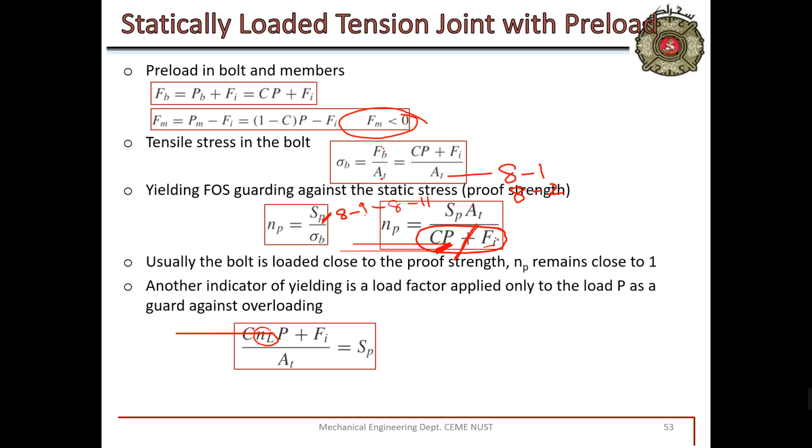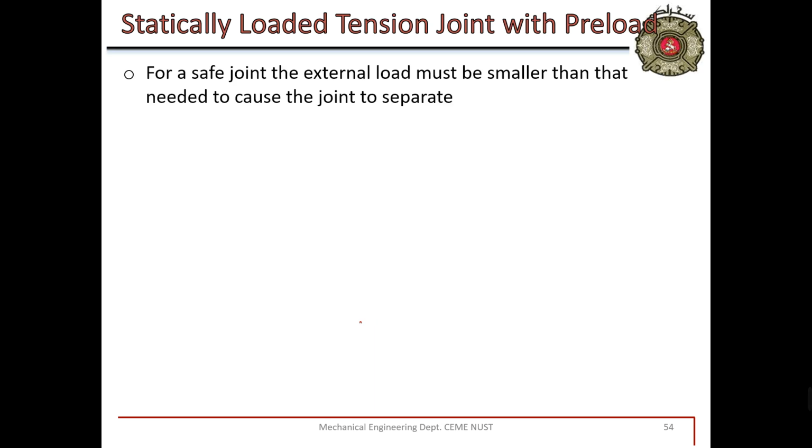If you consider Fi and Fcp as static values, this is the factor of safety applied against overloading. And what is overloading? In layman language, overloading is an increase in external load. So this factor of safety is only concerned with external load, not with the preload. This is the difference between the factors of safety.